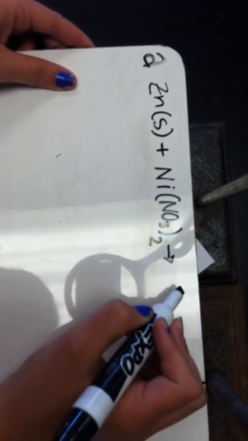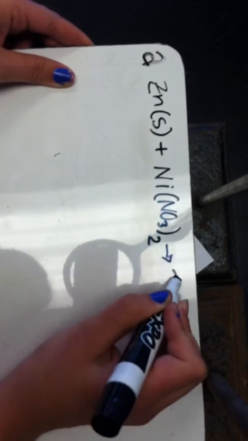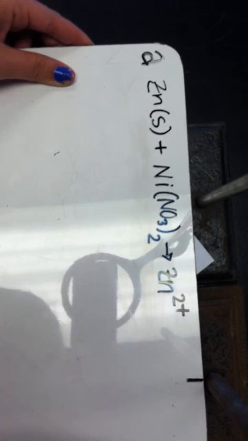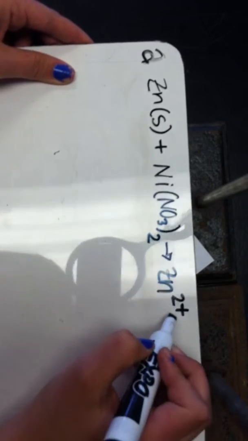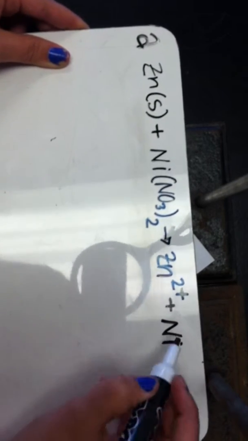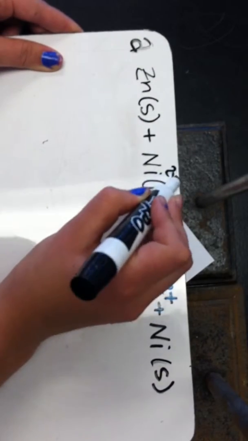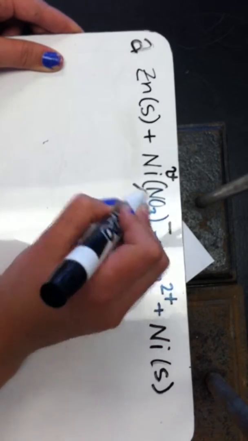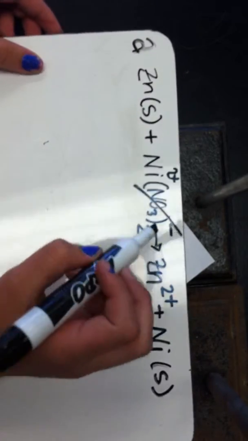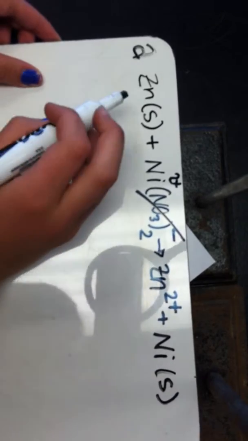And that will produce, this is a redox equation, so that will produce a zinc ion plus Ni solid, and we can go ahead and cancel our nitrate out because nitrate and nickel will break up because it's a metal and nitrates always break up, so we can cancel that out because this will be one of the products, but they'll cancel out on each side.